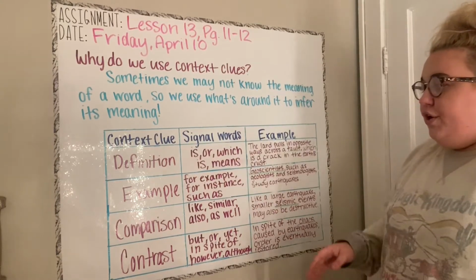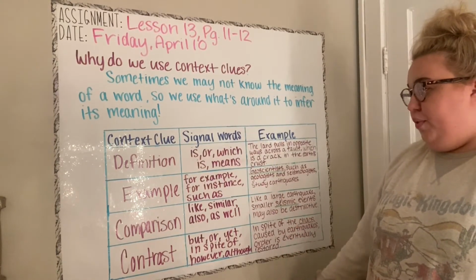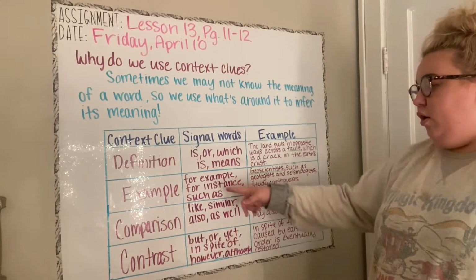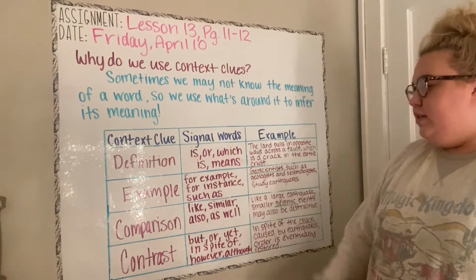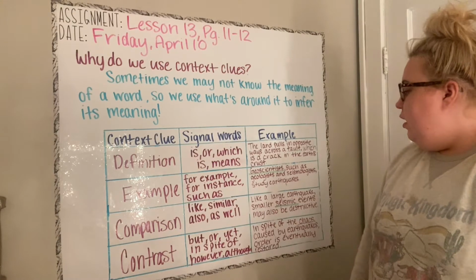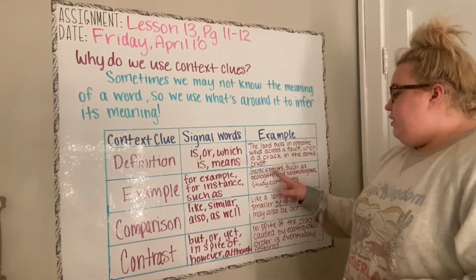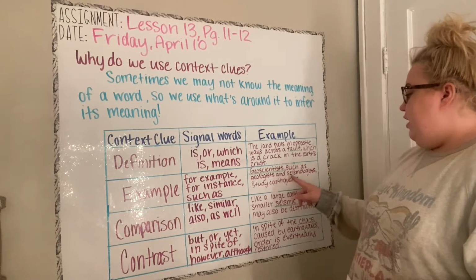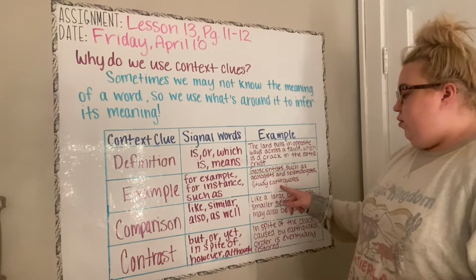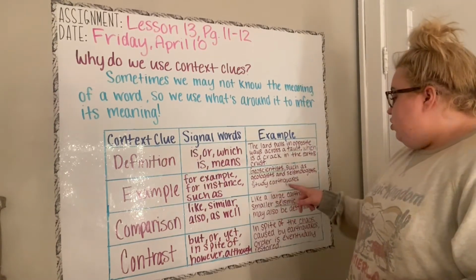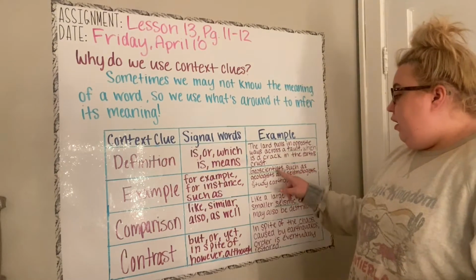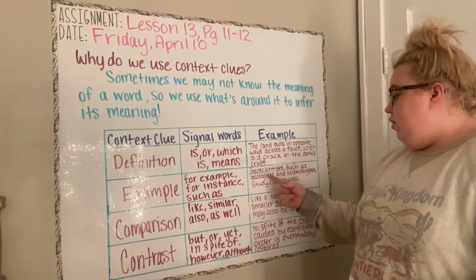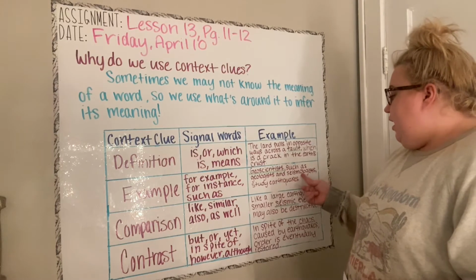So the next context clue type is example. The signal words for example are for example, for instance, or such as. The word we're looking at in this example is geoscientists. It says, geoscientists such as geologists and seismologists study earthquakes. We might not know what a geoscientist is, but most of us know what a geologist and a seismologist are.